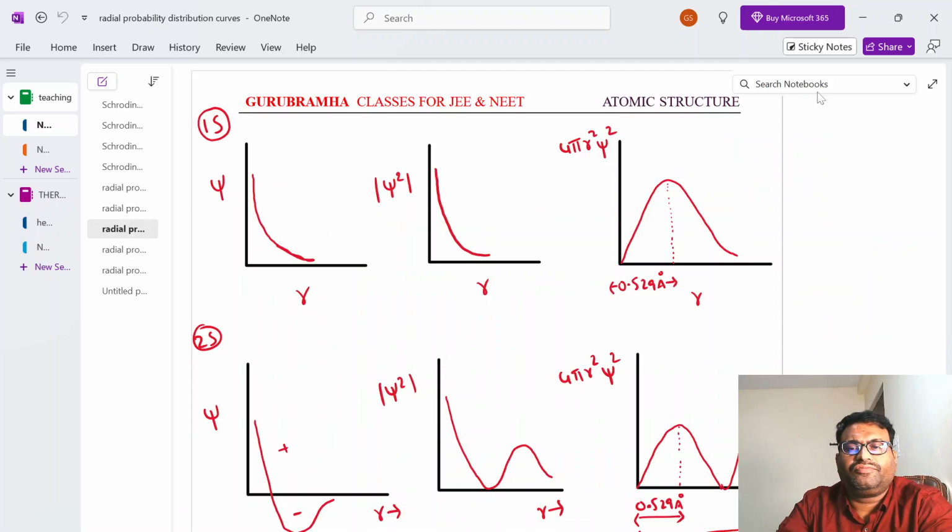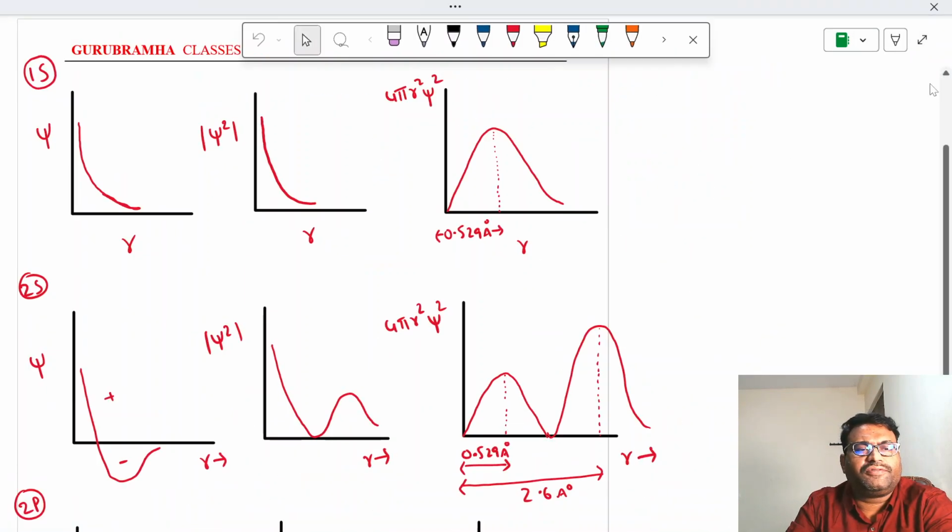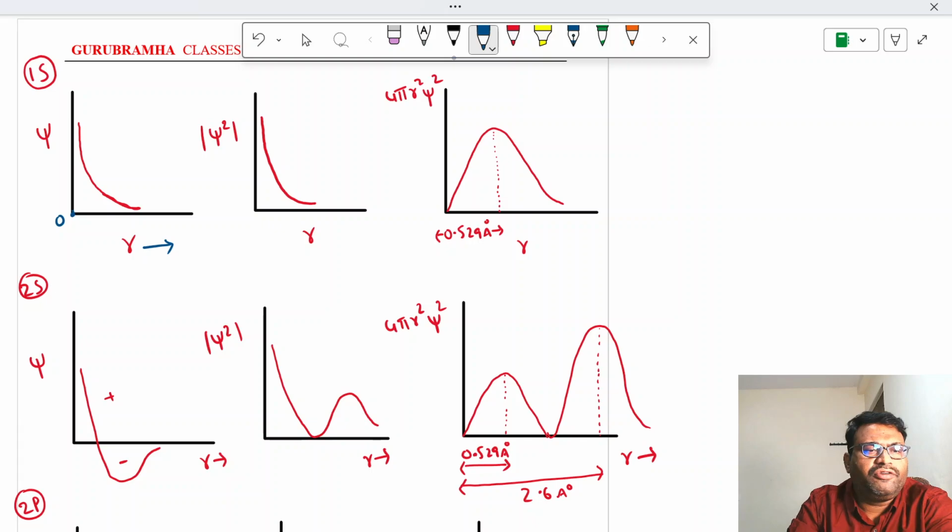See here, there are some curves. For the 1s orbital, when a graph is drawn between psi taken on the y-axis and radial distance taken on the x-axis, what graph is obtained? This 0 is the nucleus. Very close to the nucleus, there is psi.